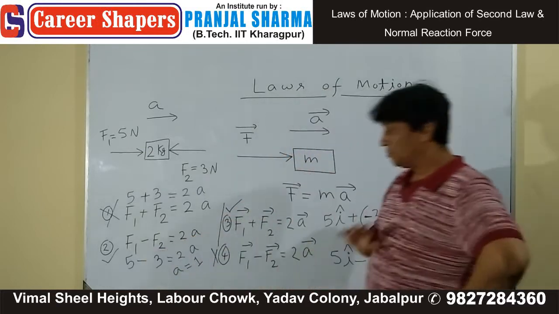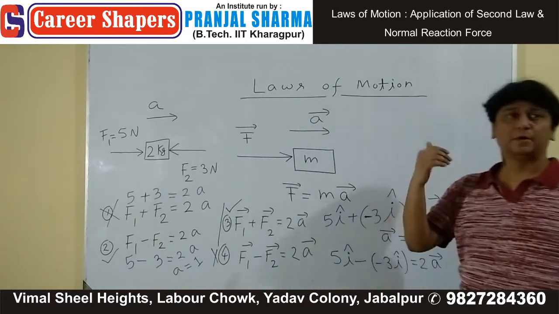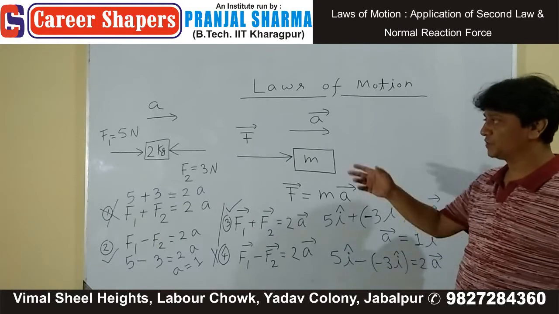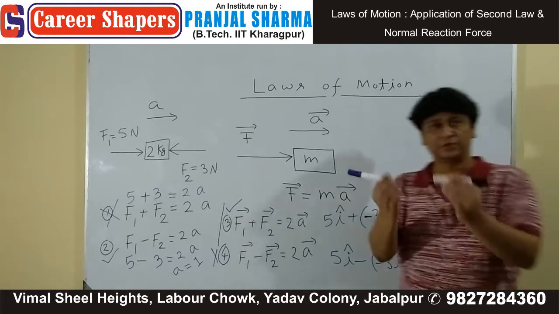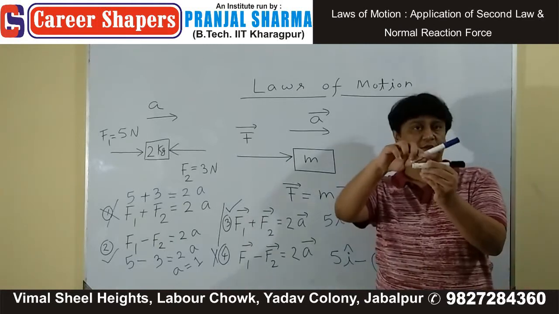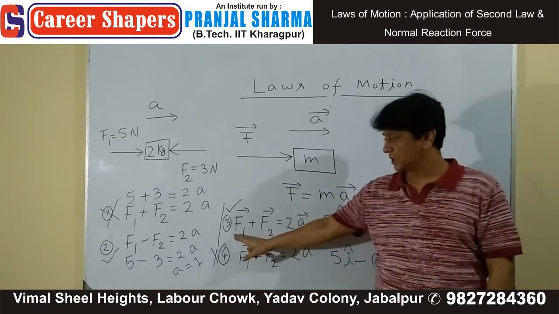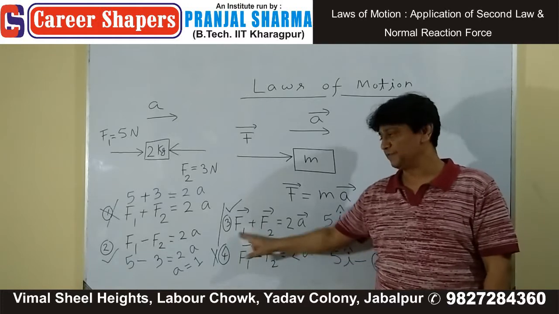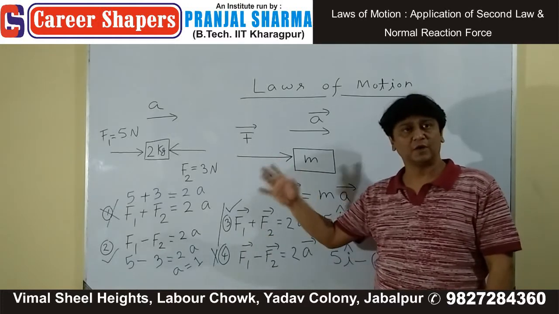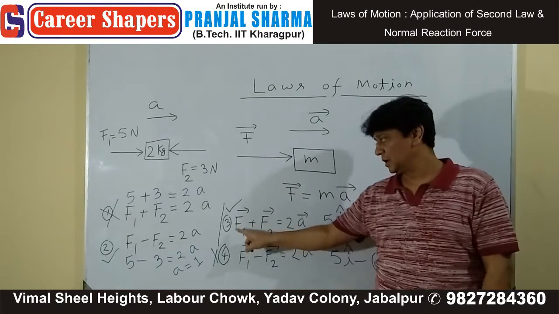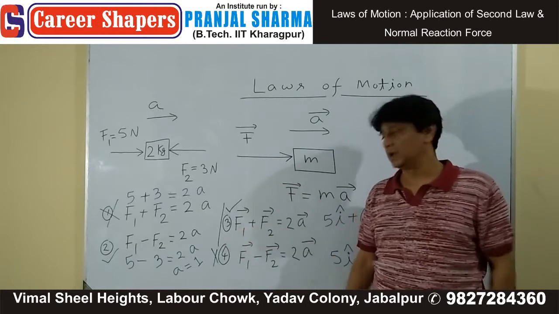But whatever be the direction sense of these vectors, this, or any other, total force is always F1 plus F2. Regardless of their directions, total is always F1 plus F2.